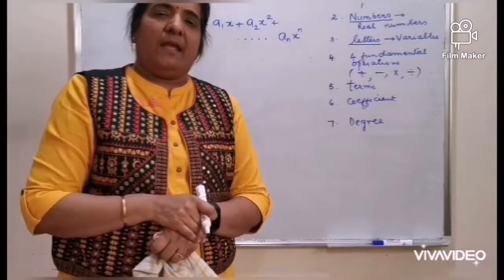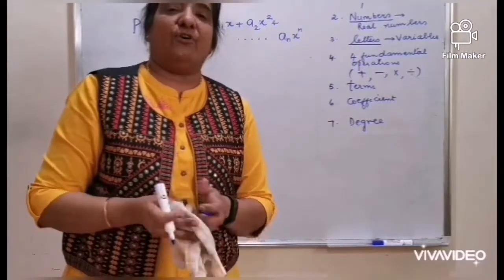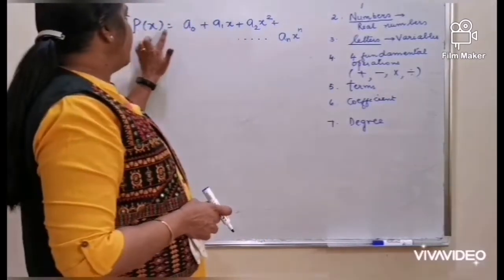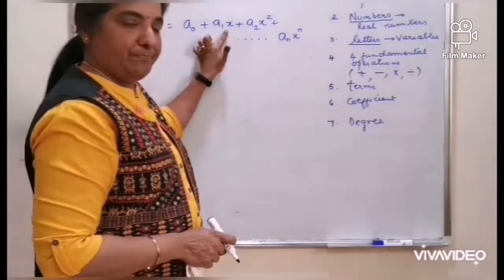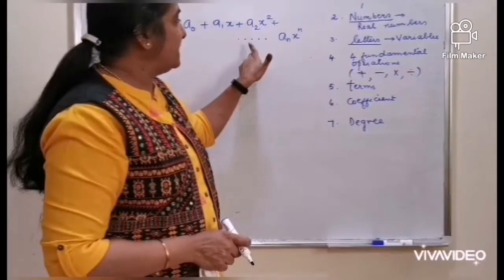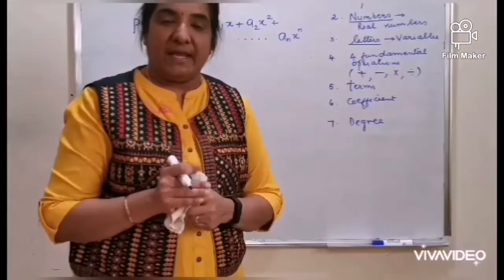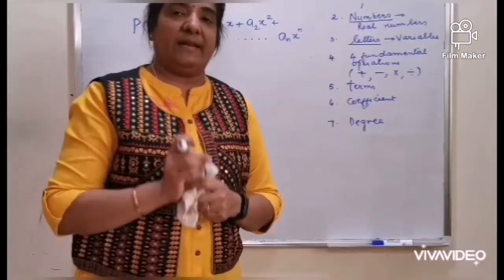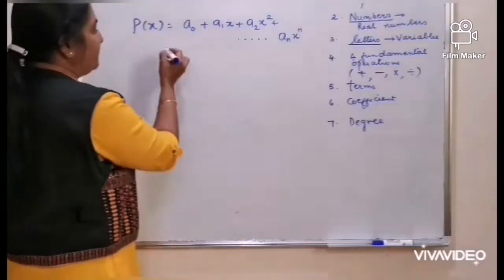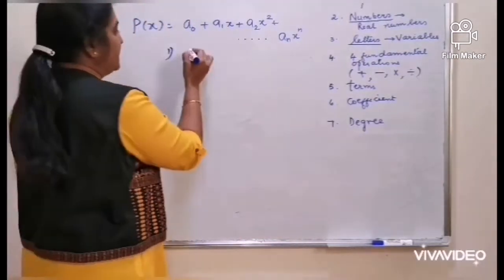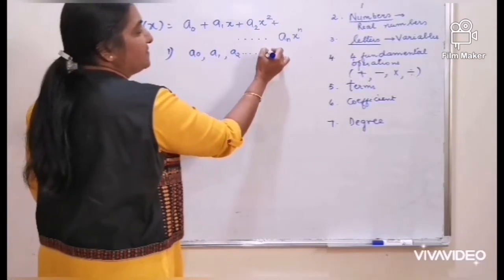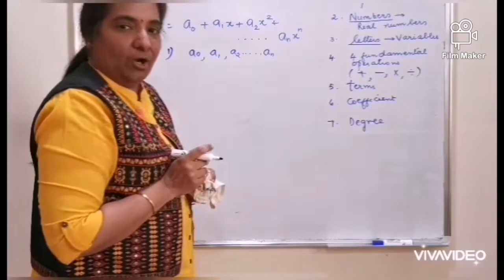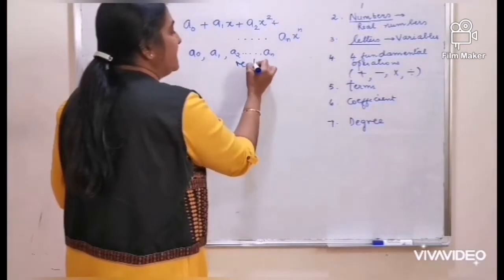That means any expression of the form p of x equal to a0 plus a1 x plus a2 x squared etc. an x raised to n is a polynomial in x if the first condition is that a0, a1, a2, etc. an belong to the real number system.